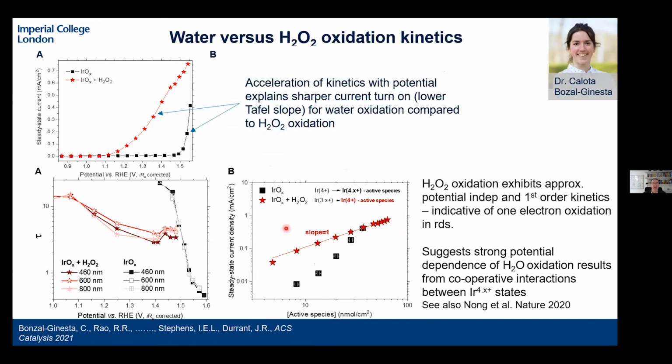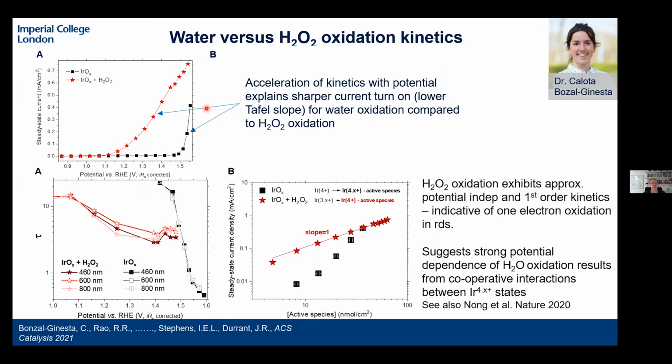But when you compare that to the water oxidation, well, then water oxidation only really takes off when you have a lot of states generated in the system, and then it accelerates very rapidly. And you can see that in how the current voltage plots work here.